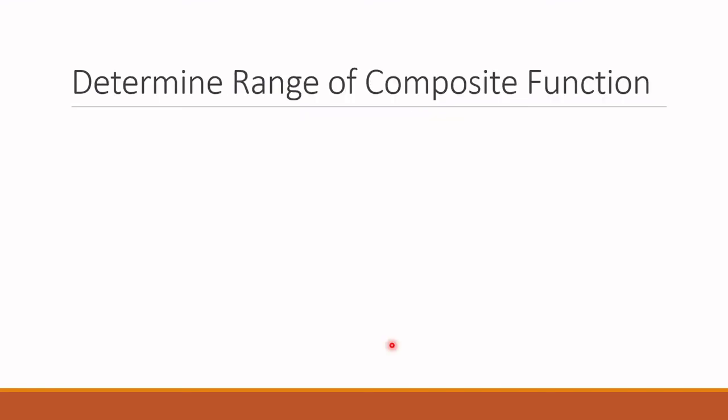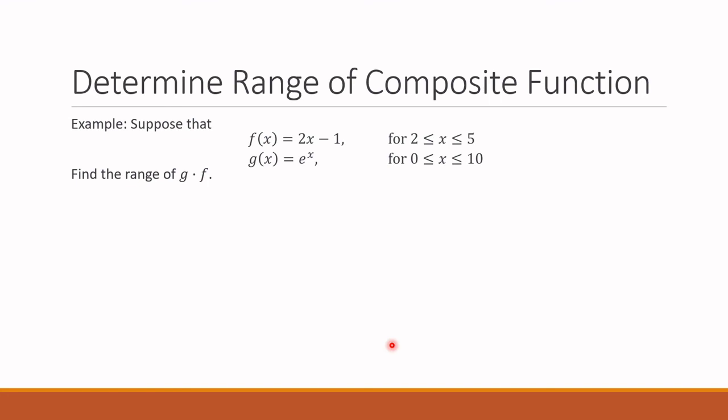Okay, so let's look at an example here to see how we can find the range of a composite function. This should clear any doubts that you have previously. To find the range of gf in this case, the first step is to find the range of f.